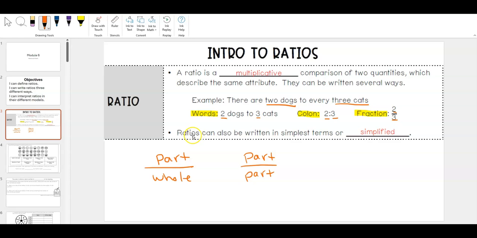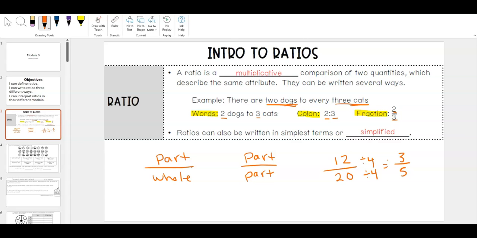And then the last thing we need to know is that ratios can also be written in simplest terms, or can be simplified. Just like a fraction, I can simplify my ratios. So if I was keeping my dogs to cats theme here, and let's say instead I had 12 dogs and 20 cats, I could still simplify that just like I would a fraction and get 3 to 5.